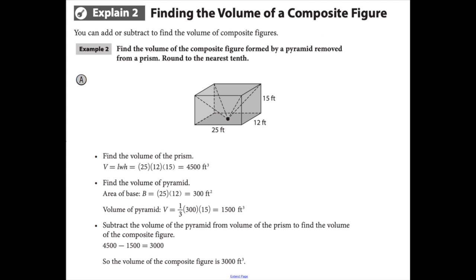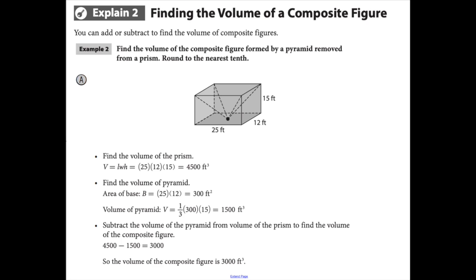The last thing we can deal with, and this is true of any kind of 3D shape, is a composite figure. A composite figure is essentially a combination of multiple different shapes. In the example you see here, it is a prism and a pyramid.